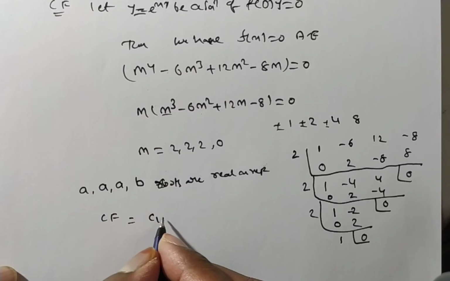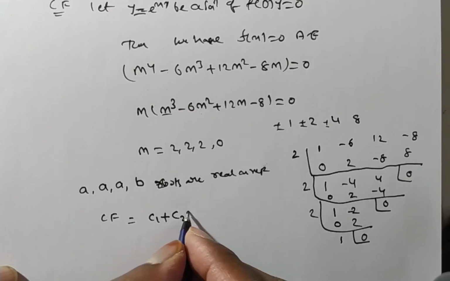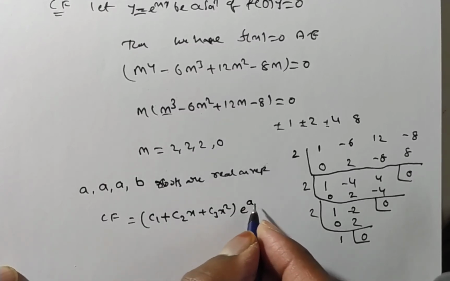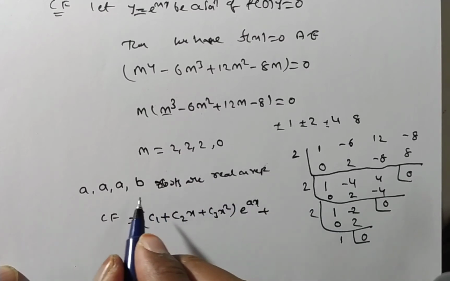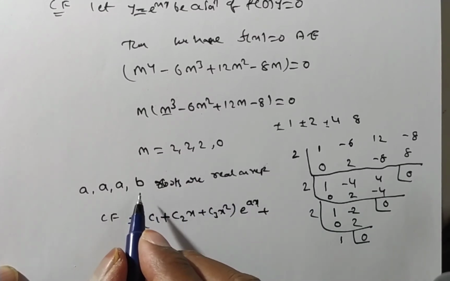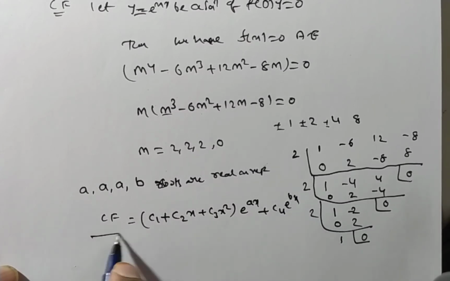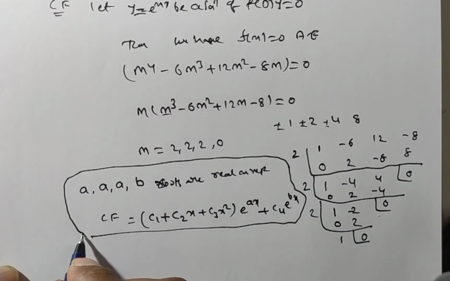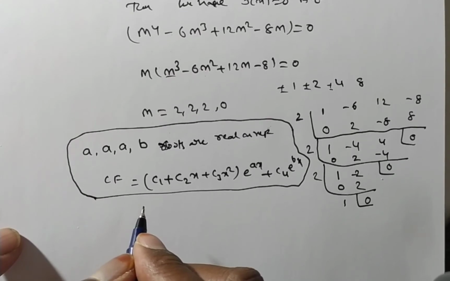So you write the polynomial expression up to x square: c1 plus c2x plus c3x square into e to the power of ax, plus another term for b, which is not repeated, only one: c4 e to the power of bx. So this is the complementary function when one root is repeated thrice and another one is not repeated.